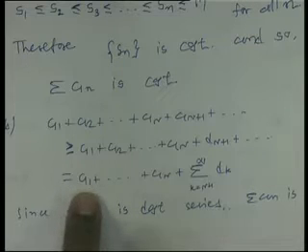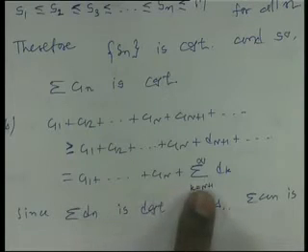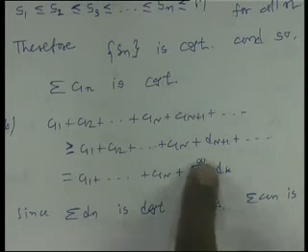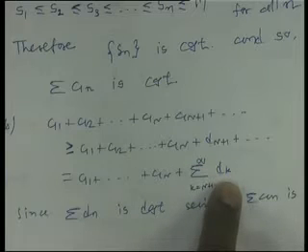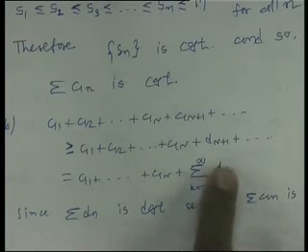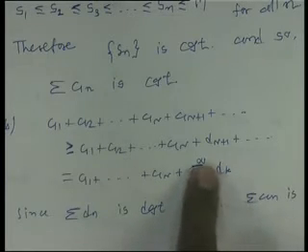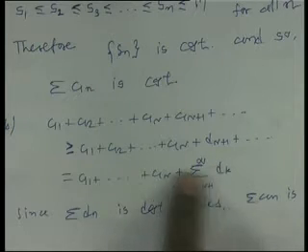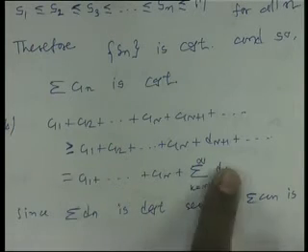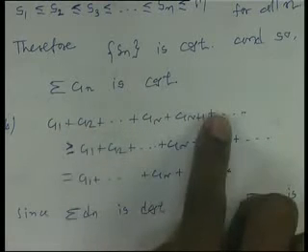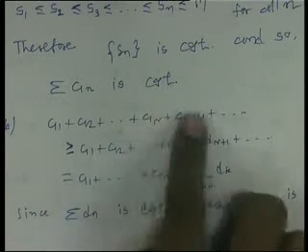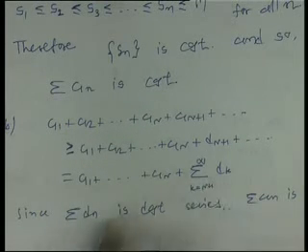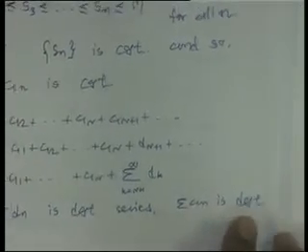So the term is a1 plus up to an plus the series sigma k from n plus 1 to infinity of dk. Now this series is given as a divergent series, its summation is infinite because it is a positive term series. So the whole is infinite. So we can see that the summation of sigma an is greater than infinite, therefore sigma an is also divergent.